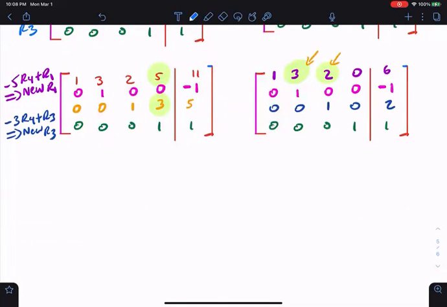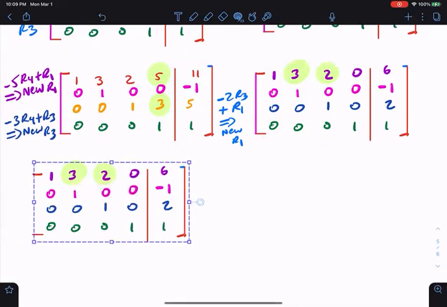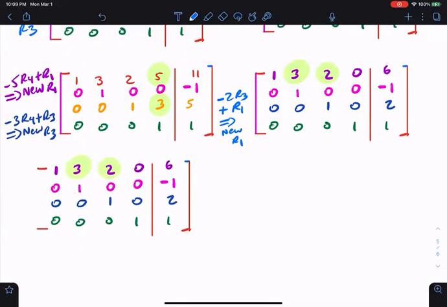Let's do negative 2 row 3 plus row 1, and that will give me new row 1. So copy, paste, and what's going to change, as I said before, is row 1, so I can erase all this stuff.